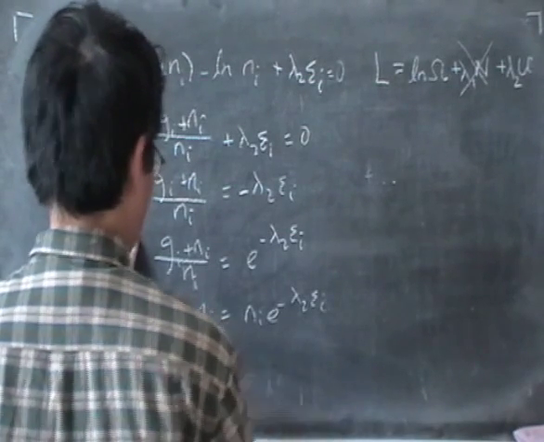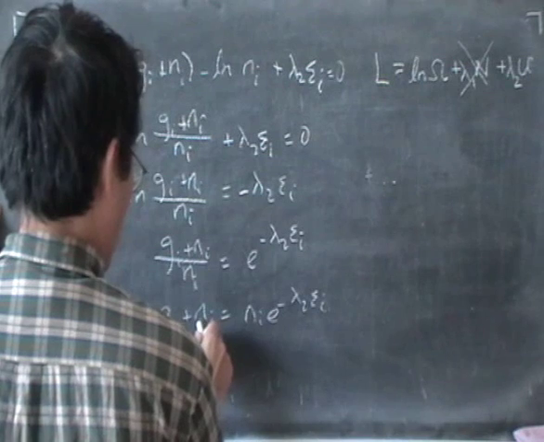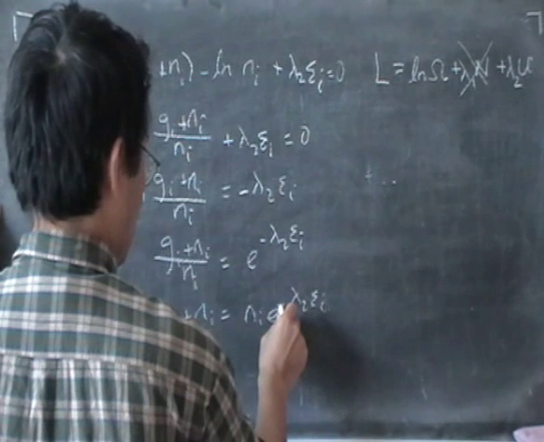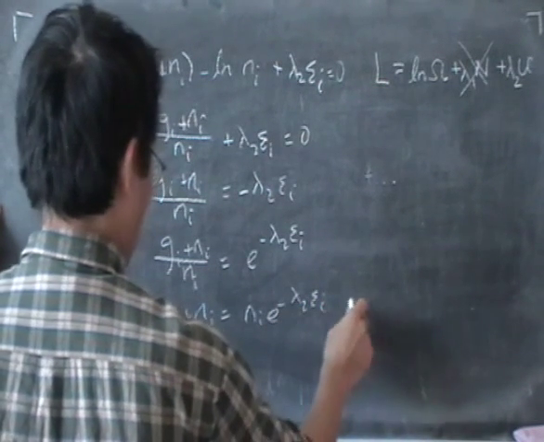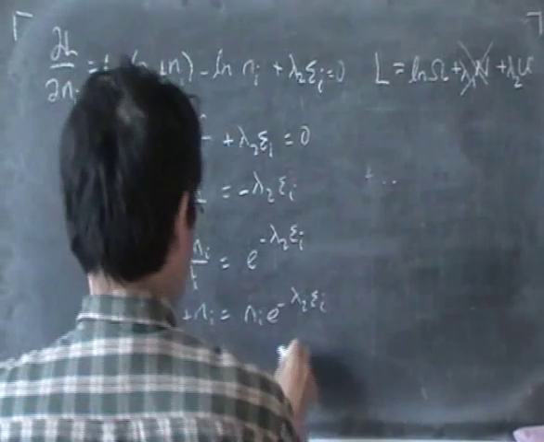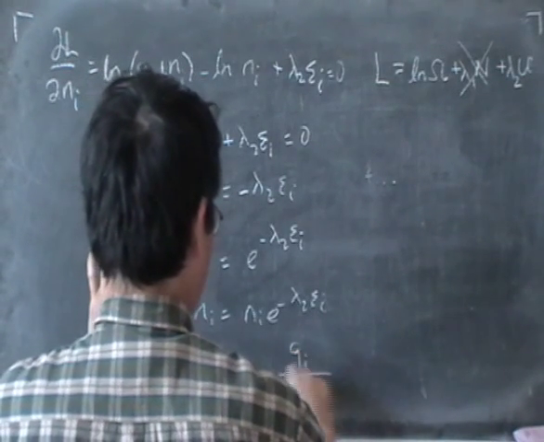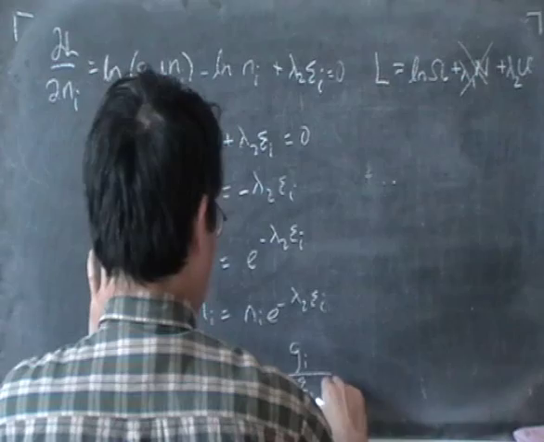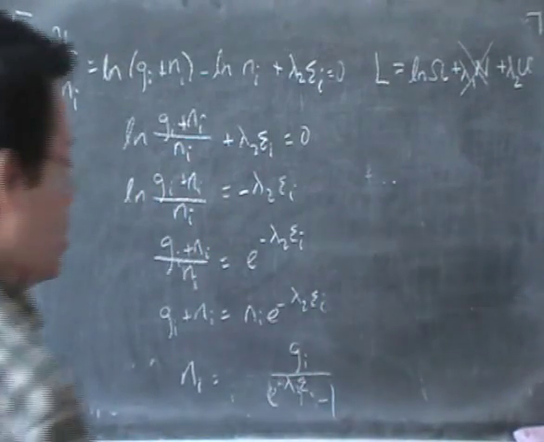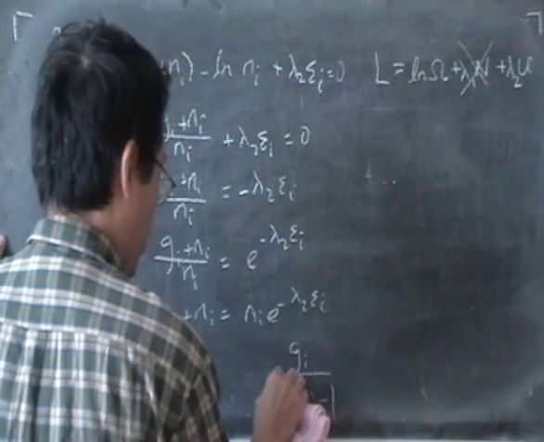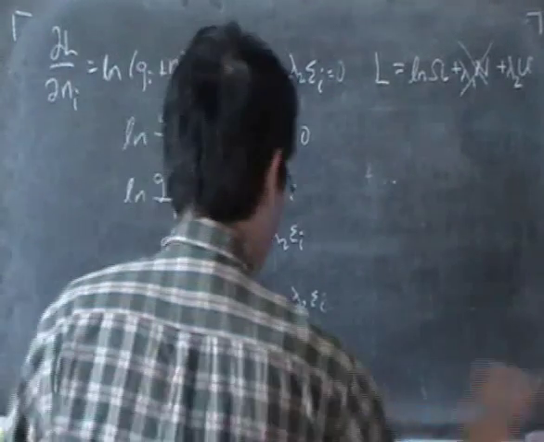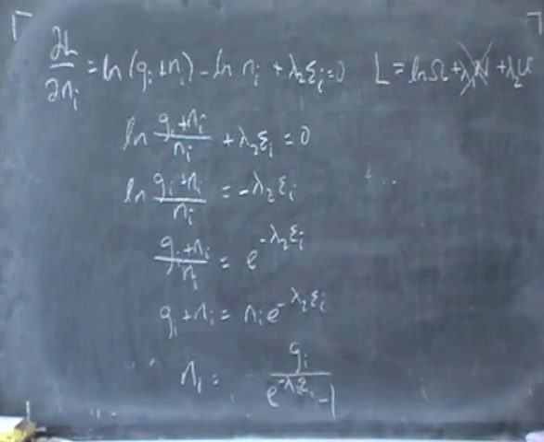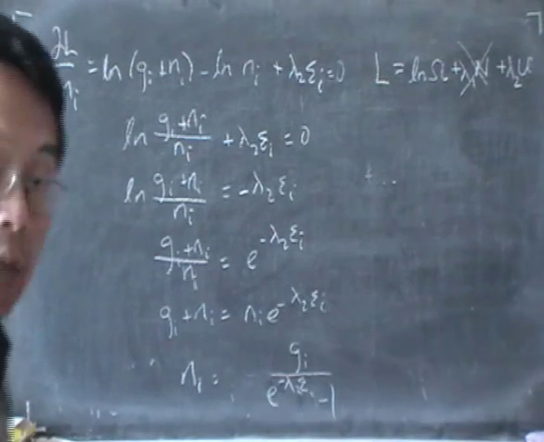I'm going to jump the rest of the steps. We will have to bring the Ni over there to become minus Ni. Factor out the Ni to give e to the minus lambda 2 ei minus 1 and bring the whole lot over to the left. And that gives Gi over e to the minus lambda 2 ei minus 1. So that's what it looks like. So finally, we have our solution.